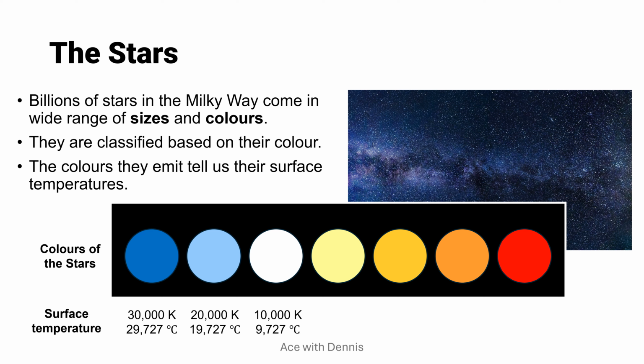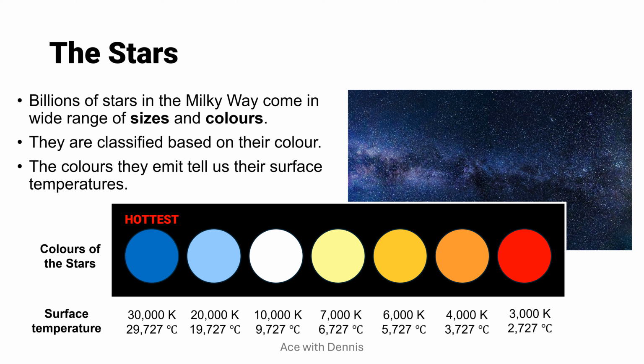Here is the actual surface temperature of these stars based on their colors. As you can see, blue stars actually are the hottest stars, while the red stars are the coldest stars. So, the surface temperature can range from 30,000 Kelvin or 29,727 degrees Celsius all the way to 3,000 Kelvin or 2,727 degrees Celsius.